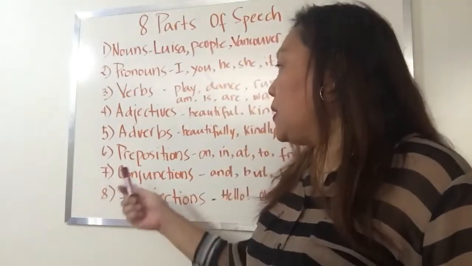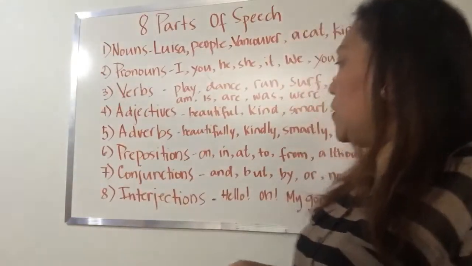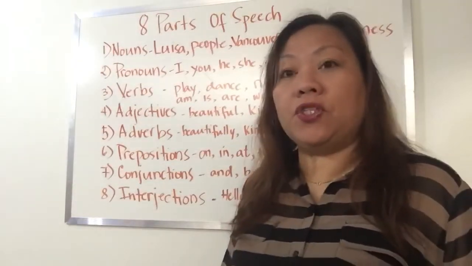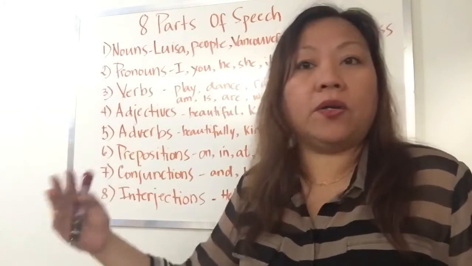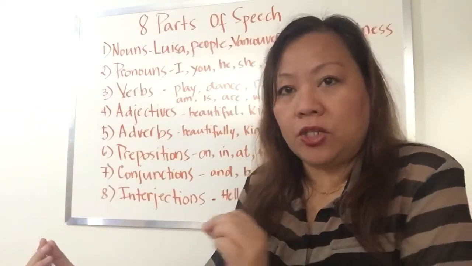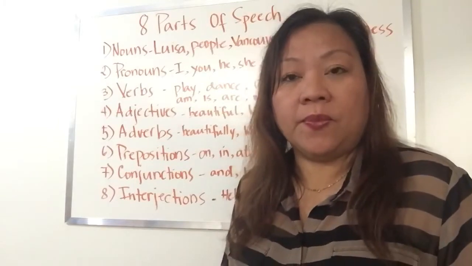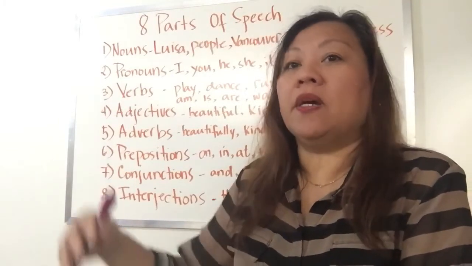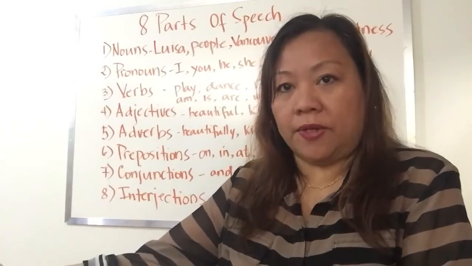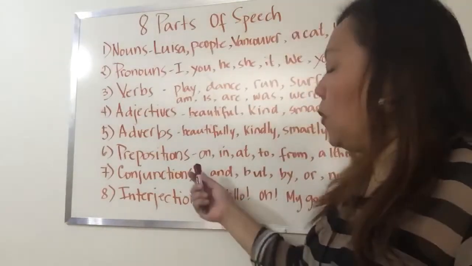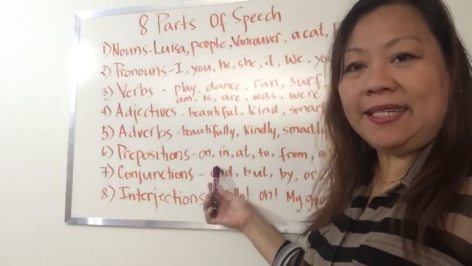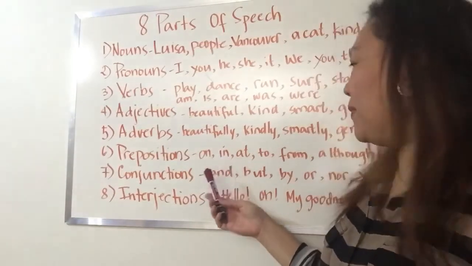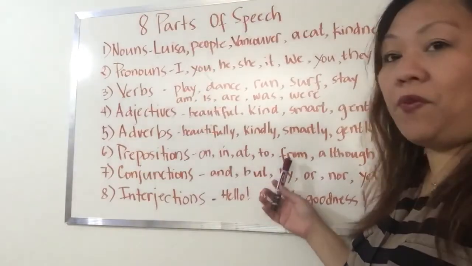Okay, so prepositions are words that are used to relate words to other words. Okay, they show relationship between this word to another word. Okay, and commonly used prepositions are on, in, at, to, from.